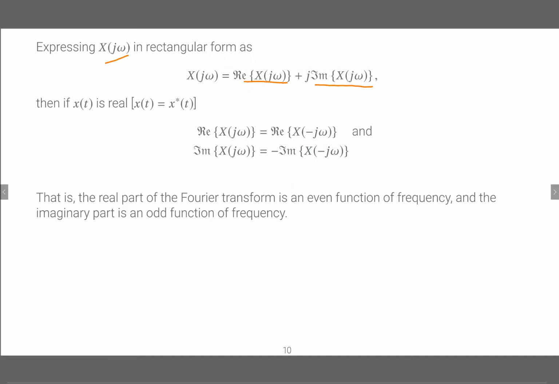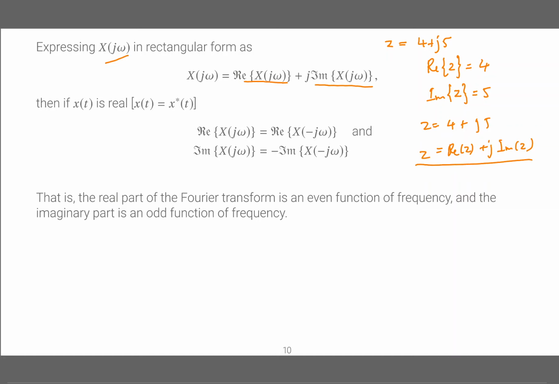If you take some z equals 4 plus j5, the real part of z is 4 and the imaginary part of z is 5, so we write z as 4 plus j5. That means the real part of z plus j times the imaginary part of z. This is just to show you what this means.